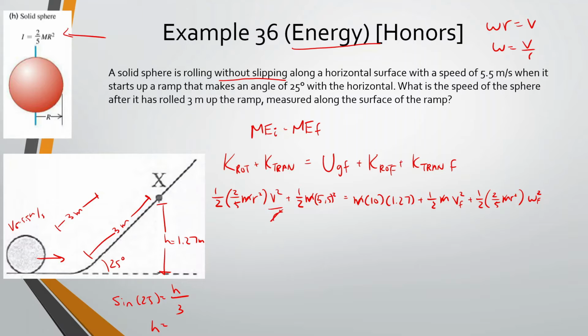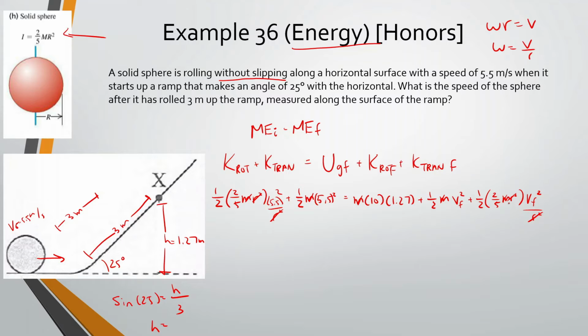What happens now is these r's cancel out. And we know what this v is. We know how fast it's moving. It's 5.5, so I'm going to change that to be 5.5. All right, now let's do the same thing over here. We're going to change this omega final squared to be equal to v final squared over r squared. Again, this r cancels out.